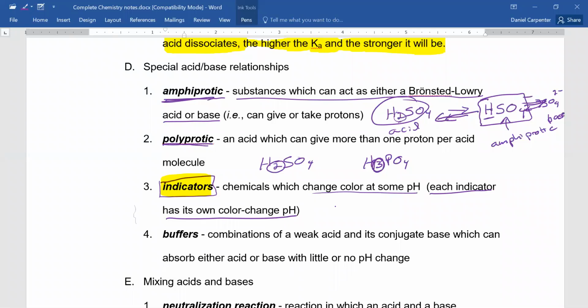So each indicator has its own color change pH. Litmus and phenolphthalein are pH 7 or 6.9 and 7.1 or whatever. There are indicators that change color above 7 and indicators that change color below 7.